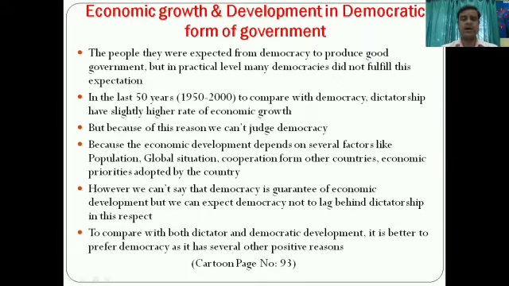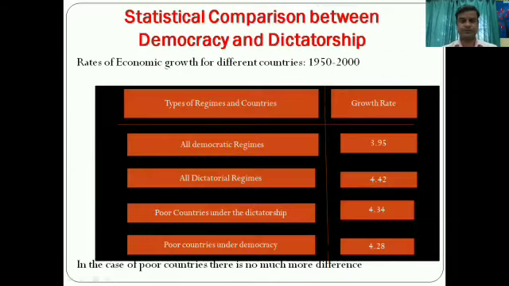However, we can't say that democracy is a guarantee of economic development, but we can expect democracy not to lag behind dictatorship in this respect. Comparing dictatorship and democracy, it is better to prefer democracy as it has several other positive reasons.